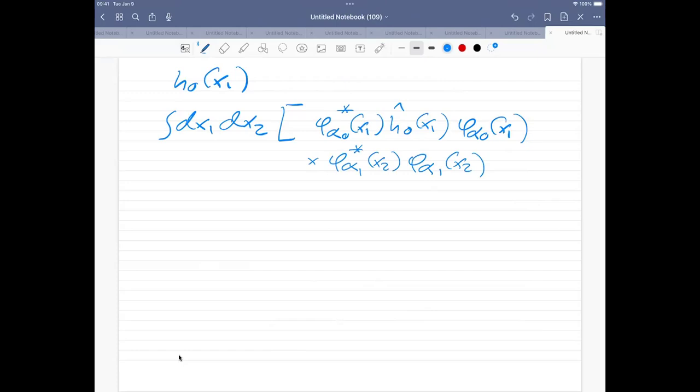Now we have assumed that this phi is an eigenbasis. So when h0 acts on that one, this gives me just a constant epsilon alpha 0 multiplied with phi alpha 0 x1. If these functions are not the eigenstates of this operator, then we have to evaluate the integral, and that would lead to a more general expression.